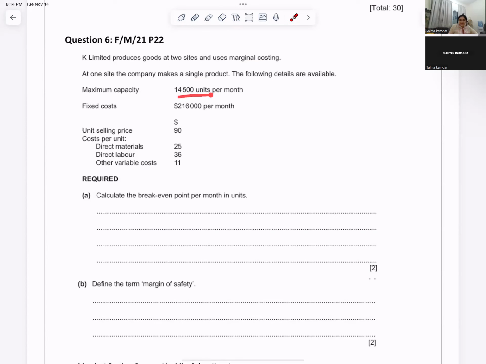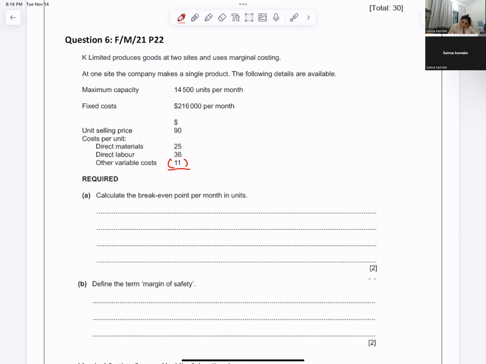Maximum capacity is 14,500 units. Fixed cost is 216,000. Unit selling price is 19. And I have direct material, direct labor, and other variable cost. So if I say sales is 19, and I have my total variable cost as how much? 25 plus 36 plus 11.